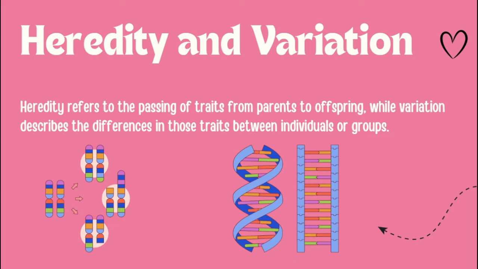It makes them less susceptible to diseases. It just overall helps them to live longer because they're different and they're able to adapt to the environment differently, right? So that's the main difference between hereditary and variation. But overall, these two concepts are what help us to understand how traits are passed on from the parents to the offspring.